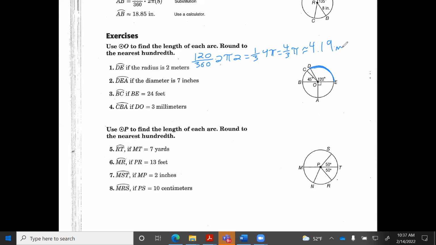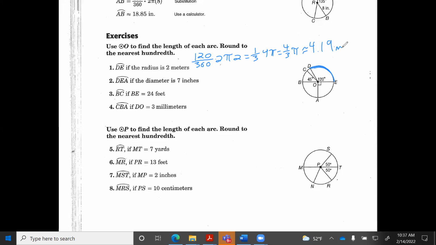Well, that's pi, right? Hit equals. And then you have to hit equals at the end. Again, the calculator will do only what you're telling it to do. So 4 divided by 3 equals times pi equals, and it should give you the right answer. The other thing that you could do, again, type the 4 over 3 in as a fraction on your calculator, then multiply by pi, but you still have to make sure you hit equals at the end.